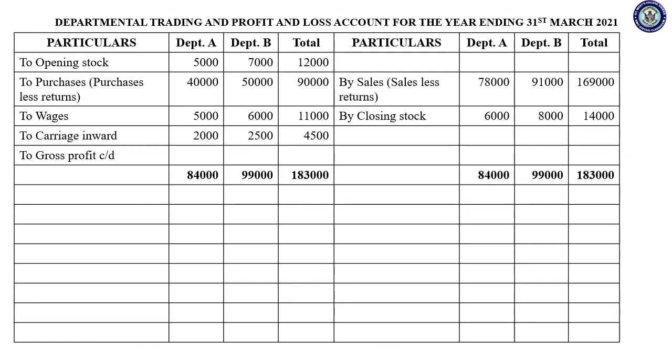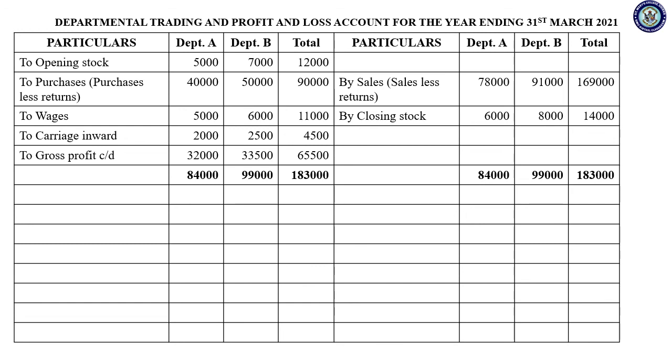From total you deduct the debit balances, separately for A, B, then total. So your gross profit carried down, you just check your answer: 32,000 of department A, 33,500 of department B, 65,500 total. So this is your gross profit carried down.